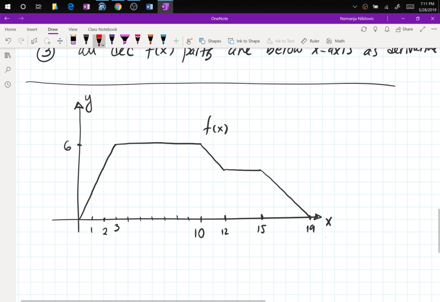We can draw the derivative function exactly for this one. So what should be the line for the derivative between 0 and 3? Positive. And what value should it have?